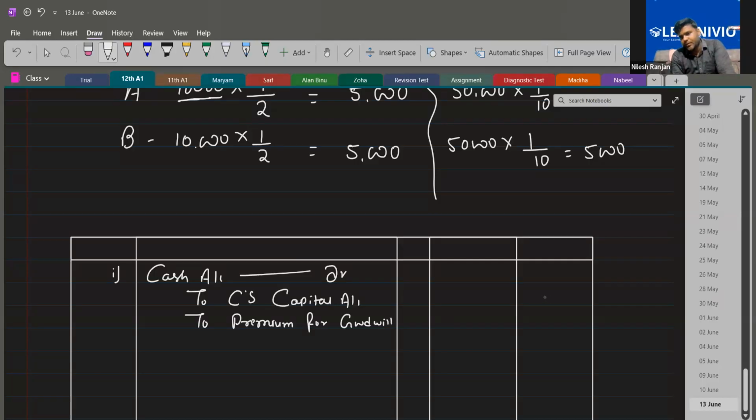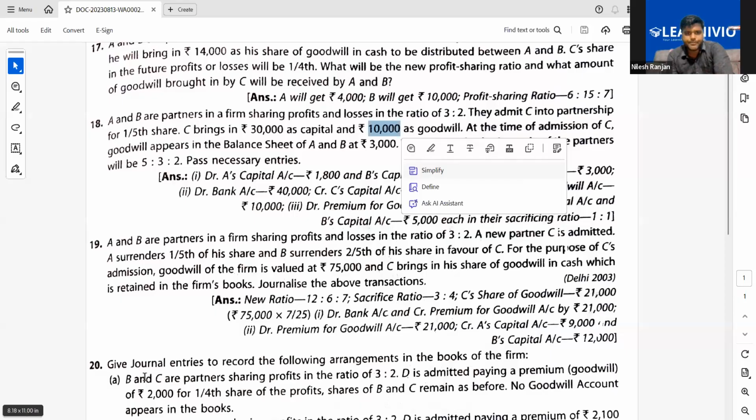So it is 30,000 for capital and 10,000 for goodwill, so total 40,000. Entry number 2 is for distribution of goodwill.